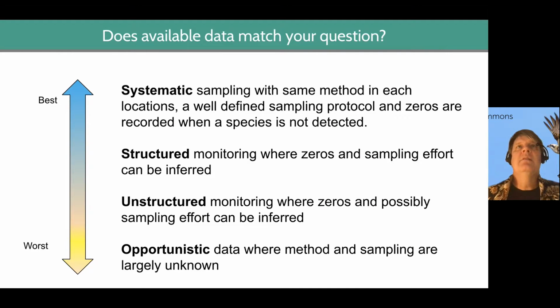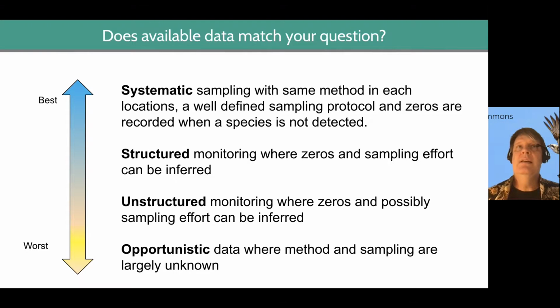It's important to think, does the available data match your question? So if we had highly structured systematic data across your study area, in all the places that are important or potentially important for this species, where you've done the same survey technique over and over again across time, right?